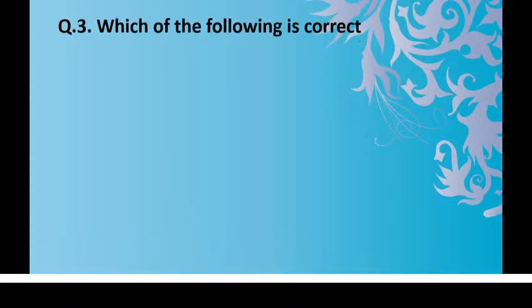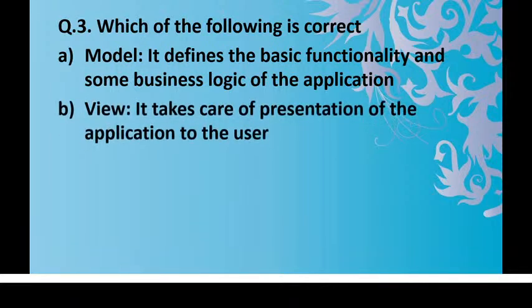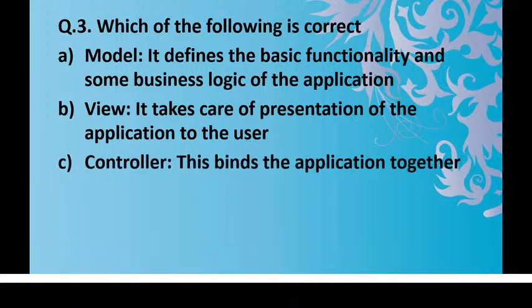Which of the following is correct? A. Model. It defines the basic functionality and some business logic of the application. B. View. It takes care of presentation of the application to the user. C. Controller. This binds the application together.